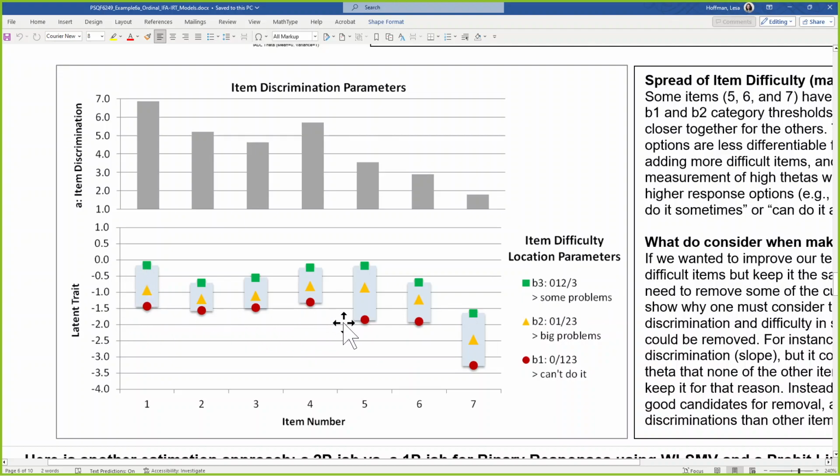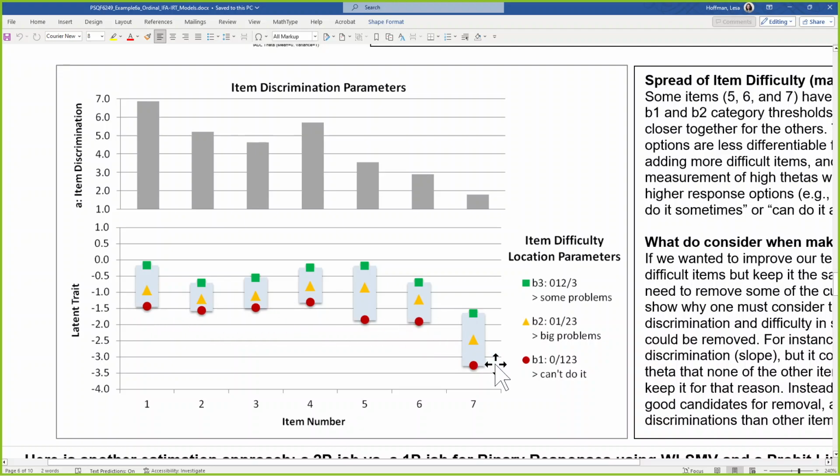So each of these is not covering that much ground. Like if you look at these ones in particular, do you see how orange and red are right on top of each other? That's not good. That means there's very little range in terms of theta where you would pick one for sure and not the other. These categories are not very well differentiated.